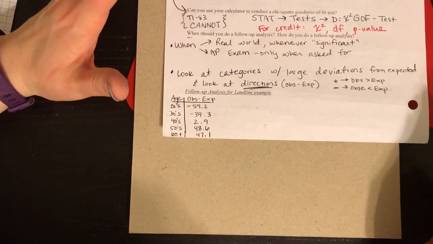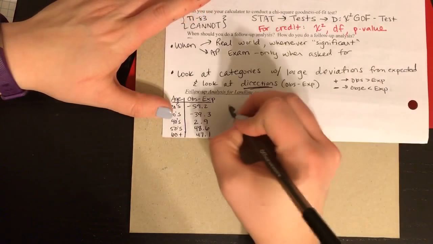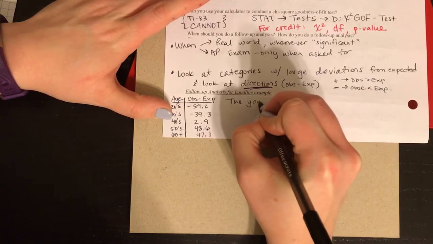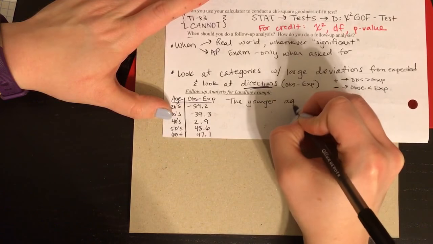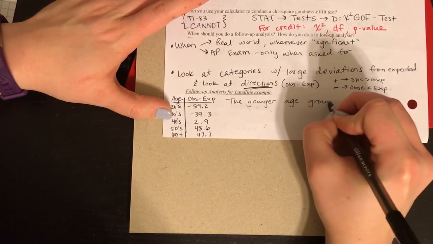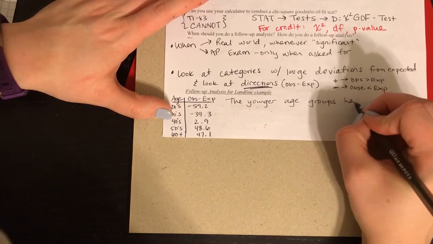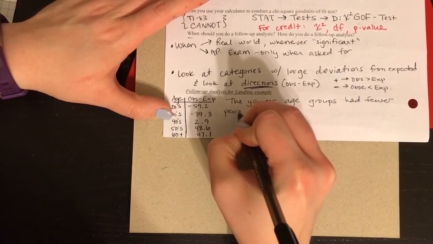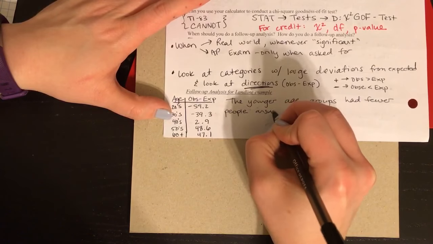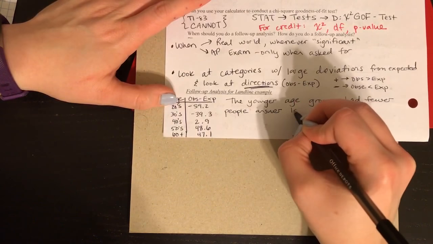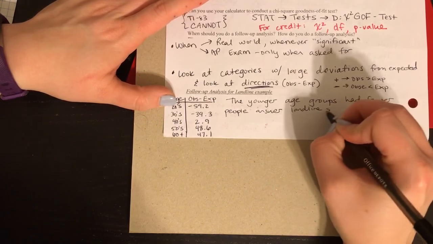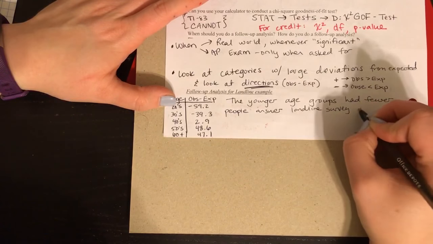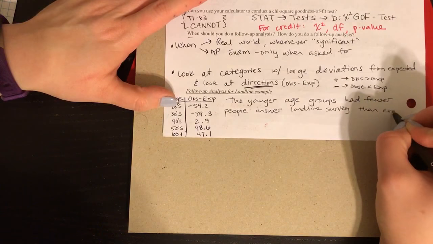So just put that into words. I would basically say something like, the younger age groups had fewer people answer the landline survey than expected.